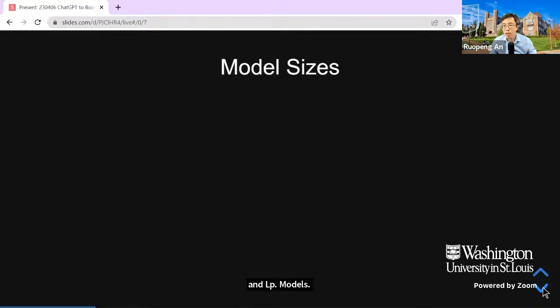And talking about the NLP models, the models are getting bigger and bigger over time.